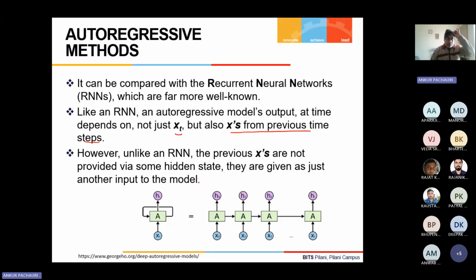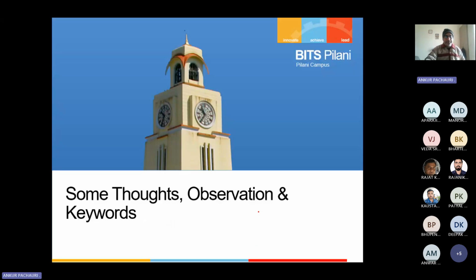Here they are given as just another input to the model. This is how it is implemented, one after another.